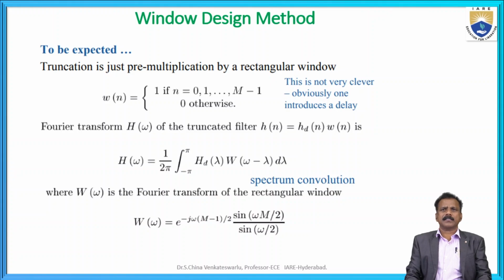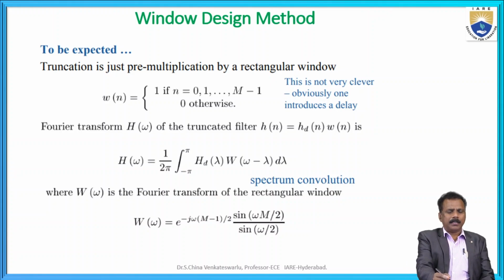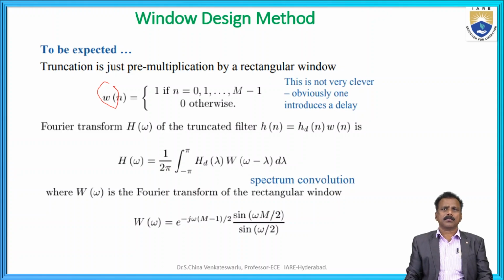The truncation is just pre-multiplication by the rectangular window, where w[n] is equal to 1 if n is equal to 0, 1, 2, 3 and so on up to M minus 1, and 0 otherwise.